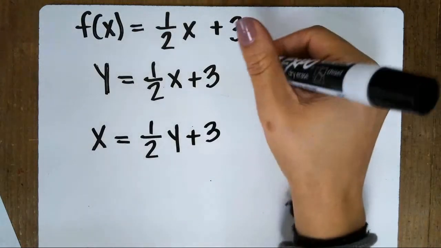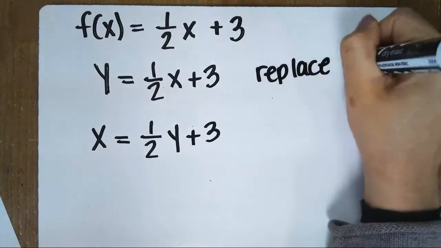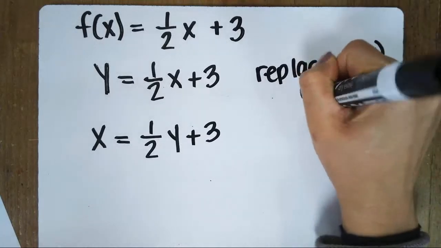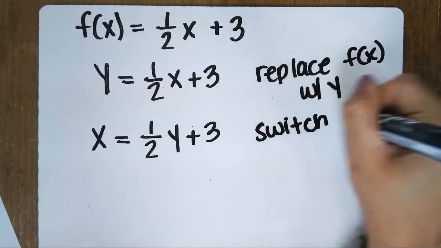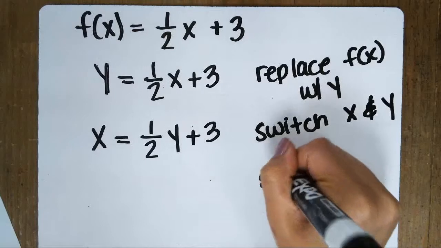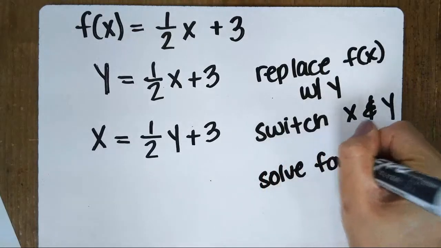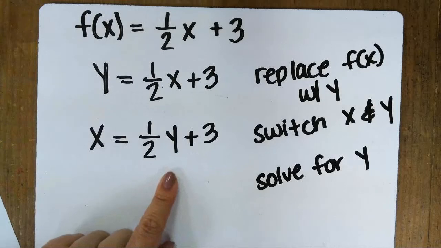So here we replaced f of x with y, and then here just switch x and y. Okay, and now our next step is to solve for y. So we want our y to be by itself. This is something that we've already done before.